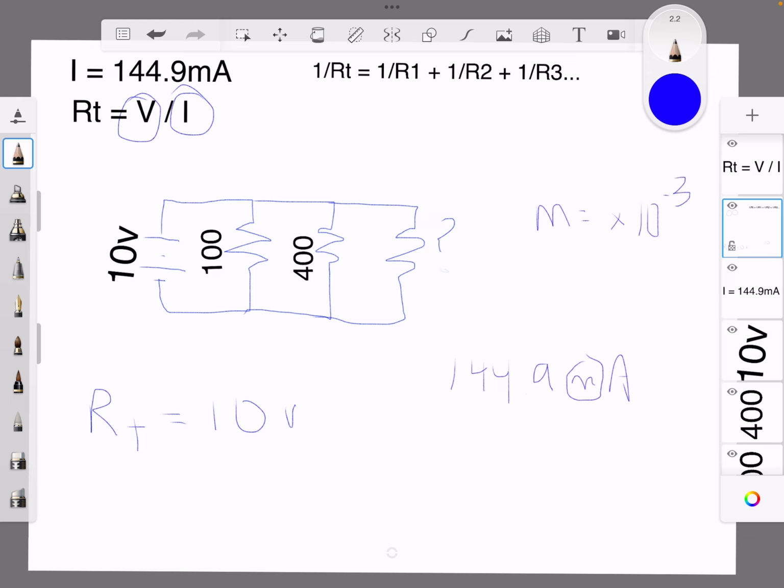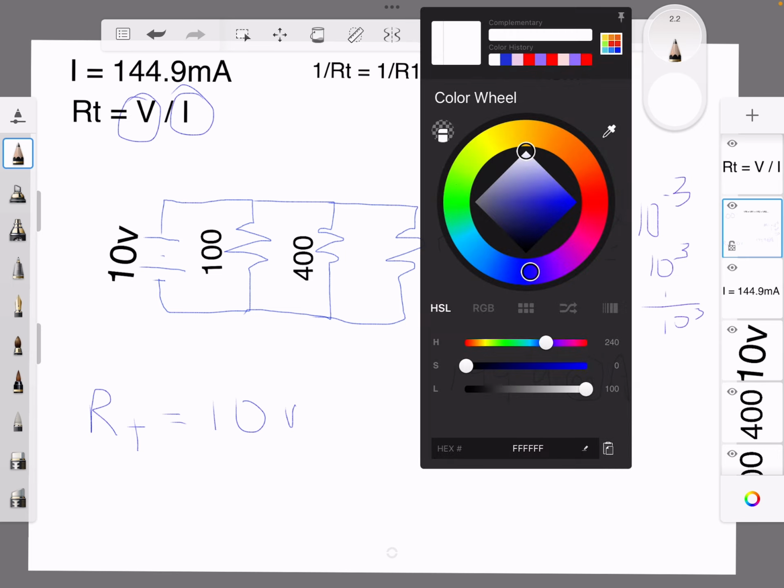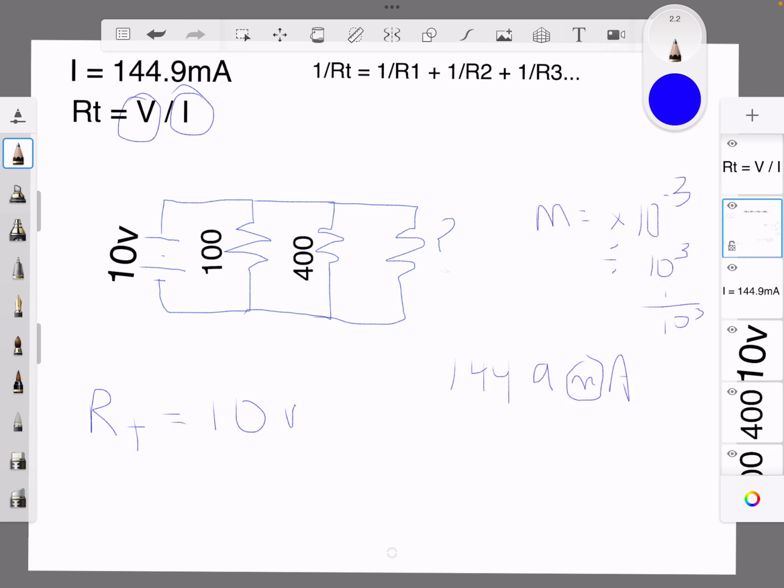And if you remember your scientific notation, multiplying times 10 to the negative 3 is the same as dividing by 10 to the 3. So that would also look like 1 over 10 to the 3. So what you have to do to get 144.9 milliamps to actual amps is divide by 10 to the third power, which is 1,000.